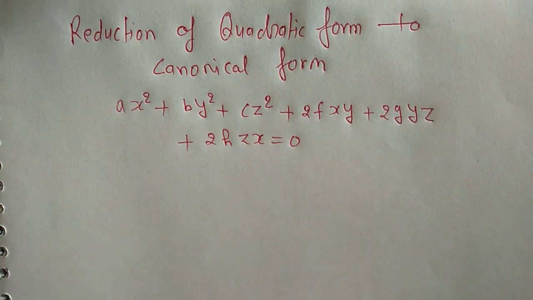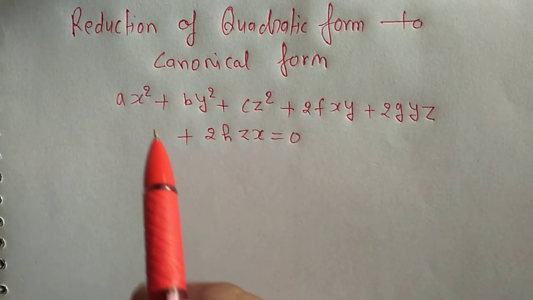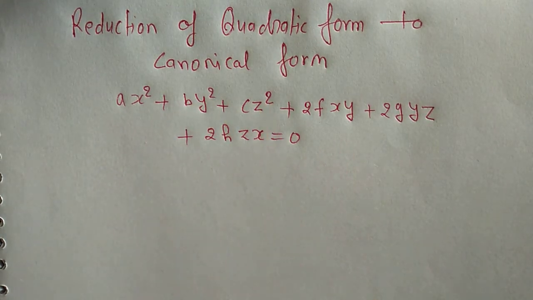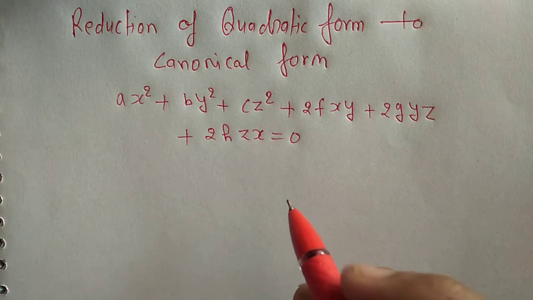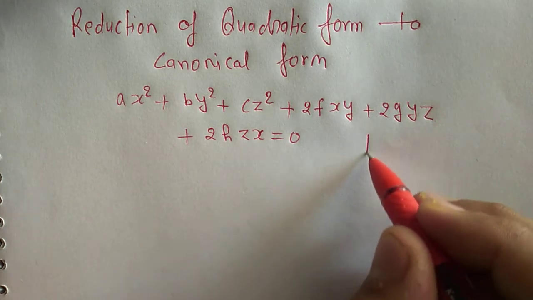So this is the quadratic form. Here we have three variables and degree is 2. Now how to write it in the matrix form? So let me try here.